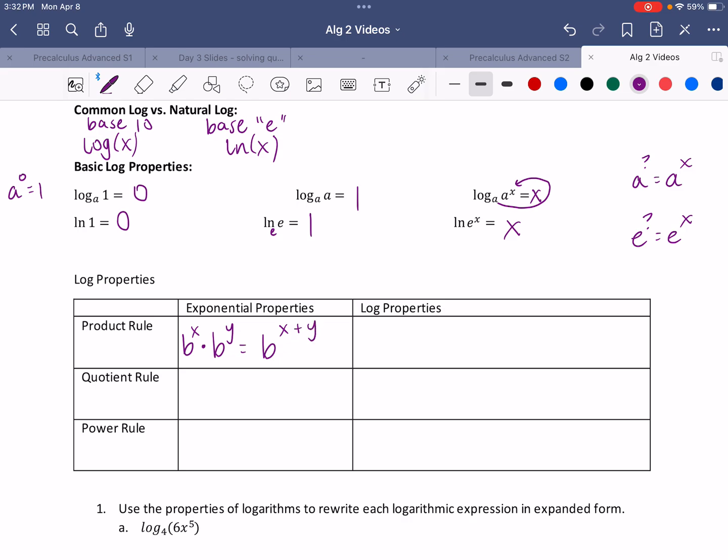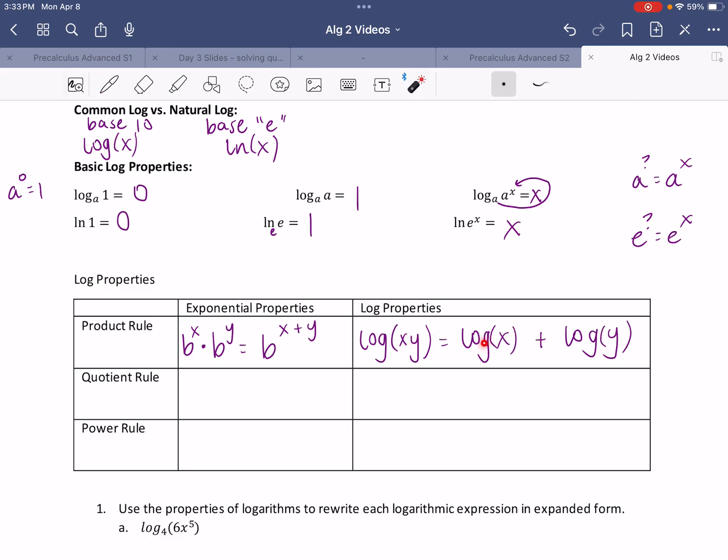Well, similarly, if you see a log and we're taking the log of x times y, not x plus y, product rule, since a log represents missing exponents, that would come from the log of x plus the log of y. And I could put parentheses here.